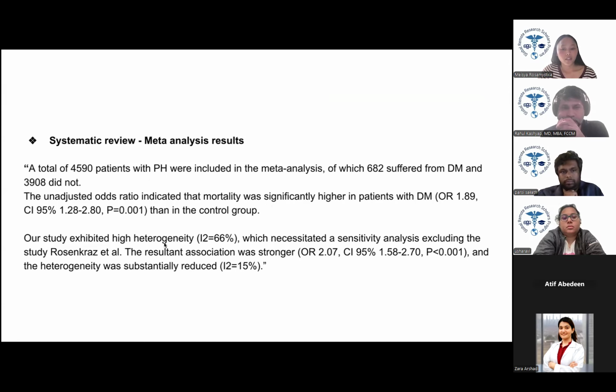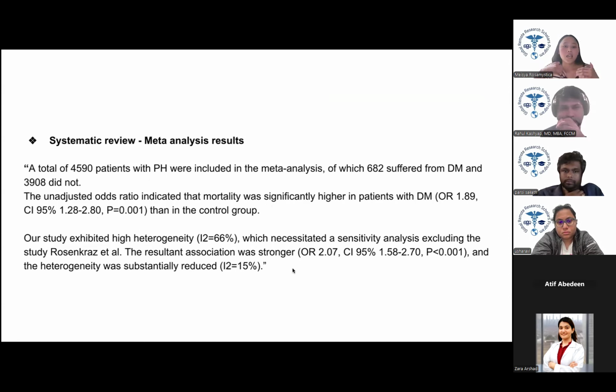Later on, they also describe heterogeneity, which was significant in their study. Therefore, they mentioned that. And then they proceeded by saying they did a sensitivity analysis to handle this high heterogeneity, and they described the result of the sensitivity analysis.